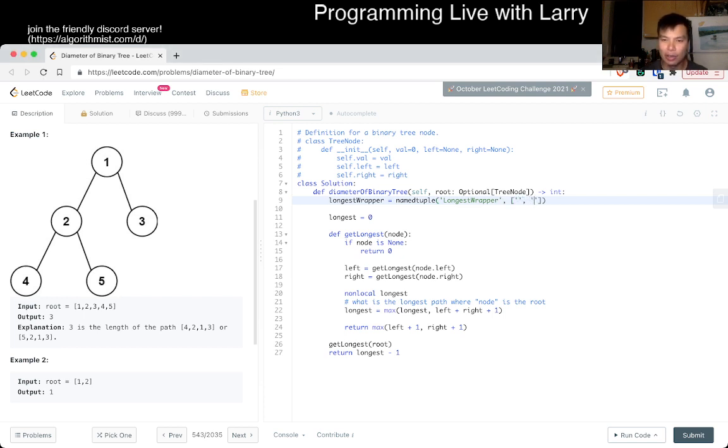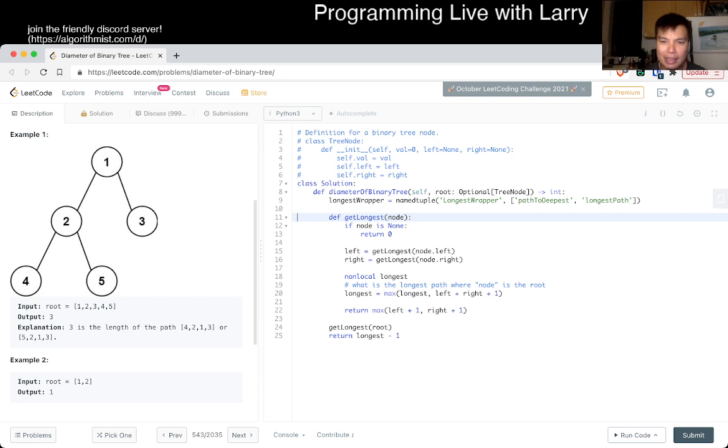One is the path to longest, and then longest path, something like that. Or path to deepest, maybe that's a better word. Yeah. And then now we can rewrite this in the following way.